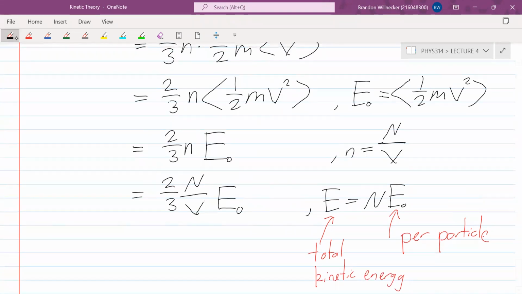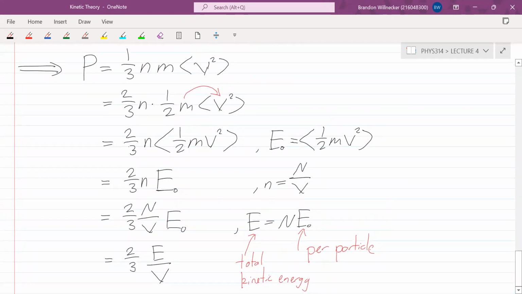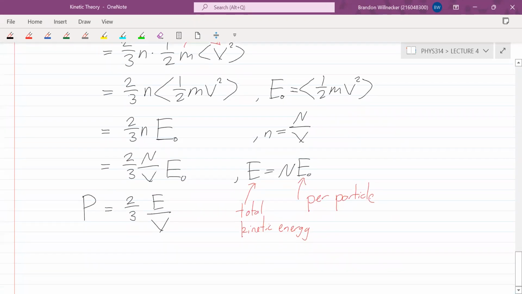So finally, we can write this as 2/3 N times E0, that's going to be the total E divided by V. Okay, so we see that the pressure of a system is 2/3 times the energy density. So the total energy divided by the volume, we can call that the energy density here.